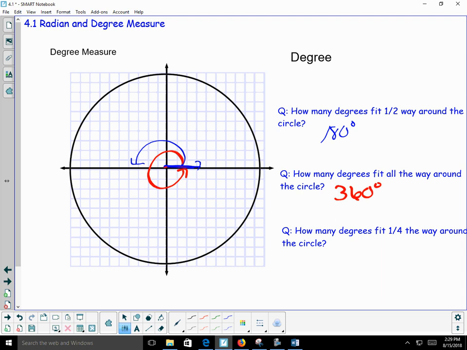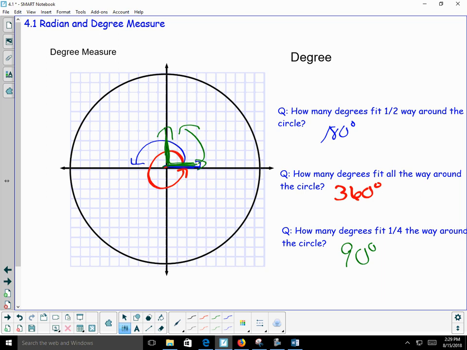If I ask you how many degrees fit a quarter of the way around the circle, so here I'm starting on my initial side again, and now I'm going to do a quarter. So I'm just doing the first quadrant, this angle here. That makes a perfectly drawn right angle, so that is going to be 90 degrees.